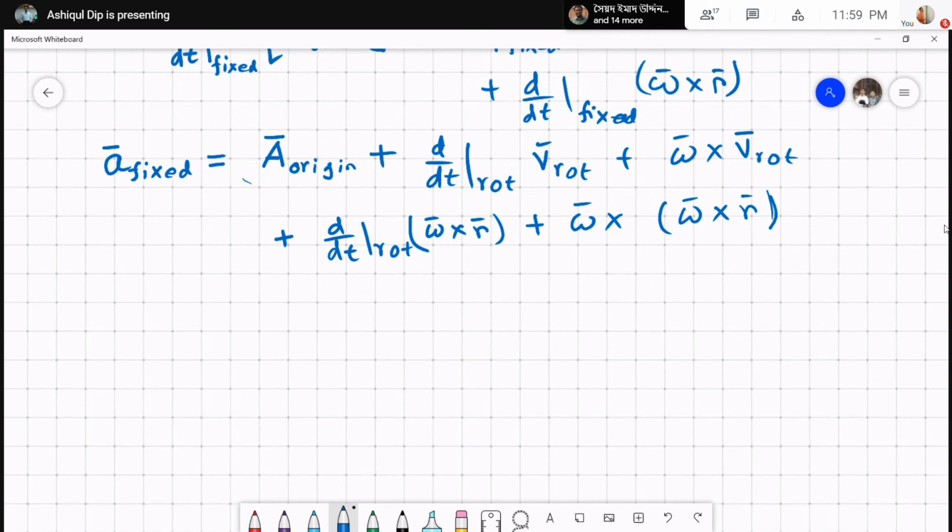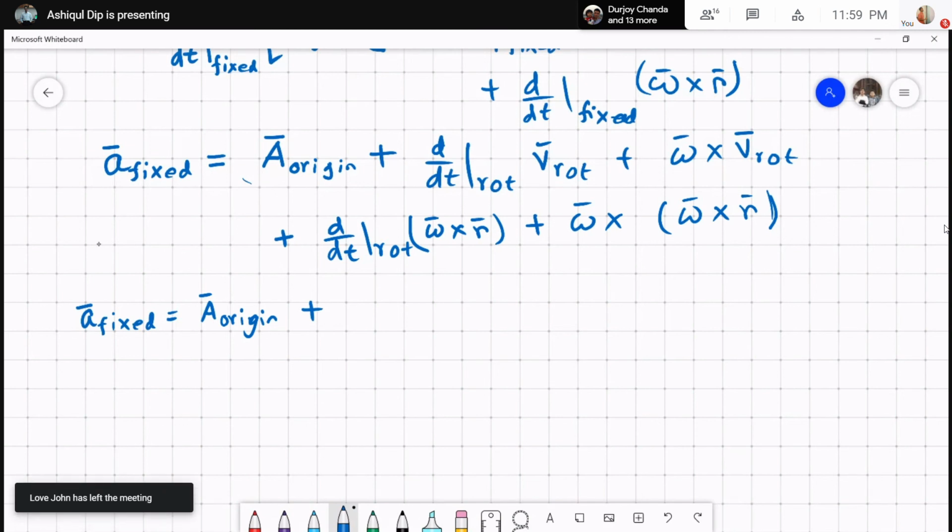I'm almost done here. So A fixed, the acceleration observed by the fixed observer, equals the acceleration of the origin of the moving frame with respect to the fixed observer plus d/dt rot on V rot. That is not velocity, it is the derivative of velocity, so it is the acceleration with respect to the rotating frame.